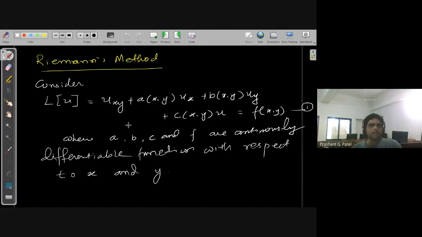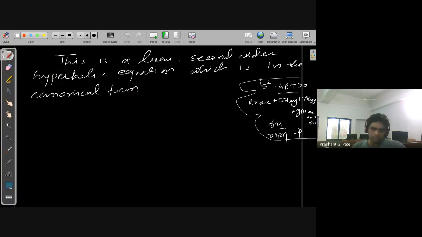The wave equation, which we already discussed, is an example of a hyperbolic type equation.